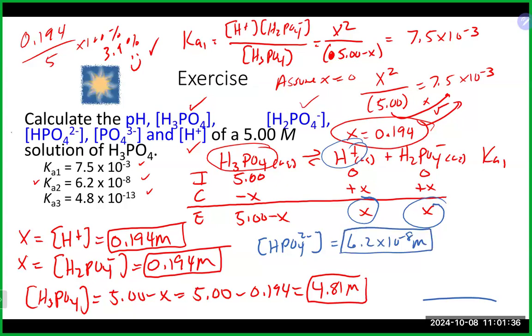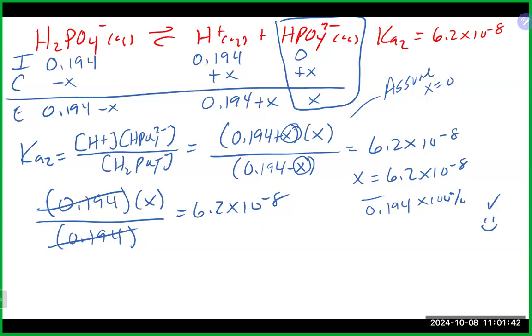And that gives us this guy. Now, by the way, when we look at the H plus concentration at equilibrium and our H2PO4 minus at equilibrium, when I put my X value back into here, what do I end up with for those guys?